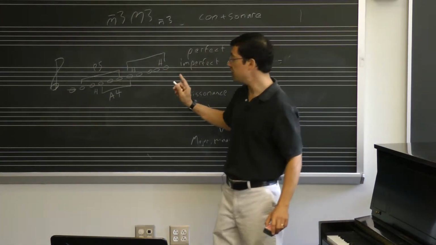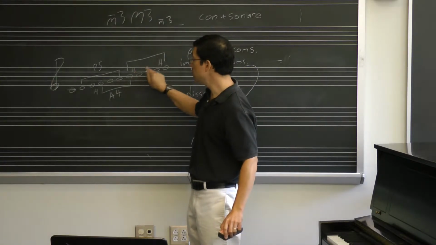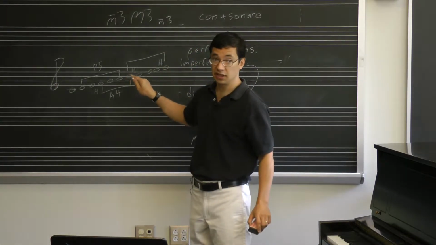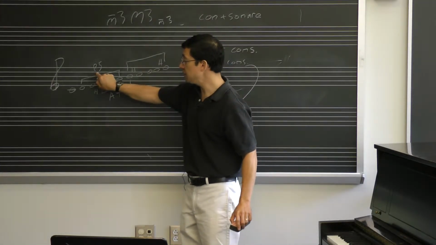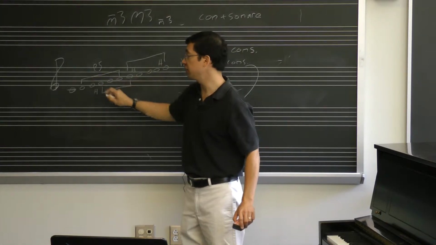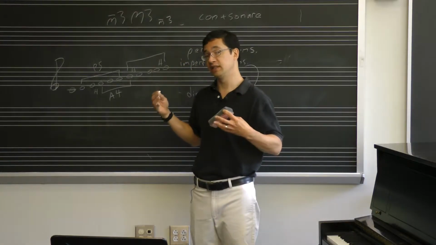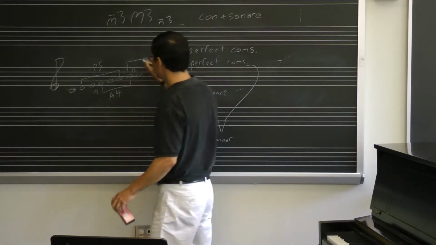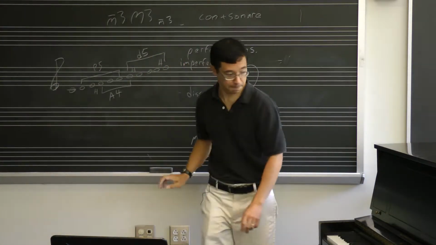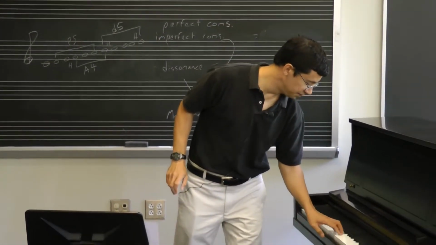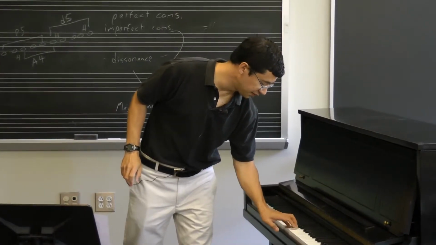This is the only fifth that contains both of the 2 half steps in the major scale. Because it contains both of them, it's going to be a half step smaller than a perfect fifth. Anytime you get a perfect interval and you make it smaller, we call that diminished. We use a lowercase d. This is a diminished fifth. So here was my augmented fourth.